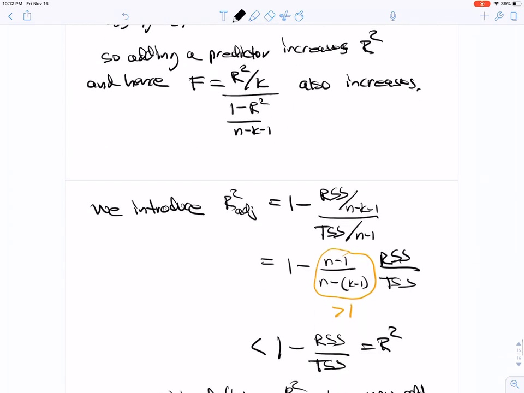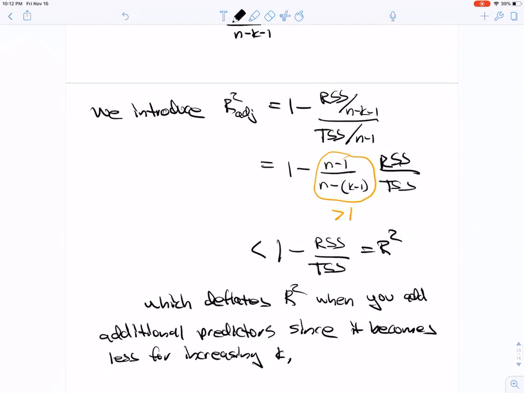One last note here, which we're not going to emphasize at all, but you'll probably run across the coefficient of determination with the subscript adj. This is a deflation of r squared. This is r squared adjusted, where we basically adjust for adding these additional predictors. It decreases r squared by taking the number of predictors you have into account.